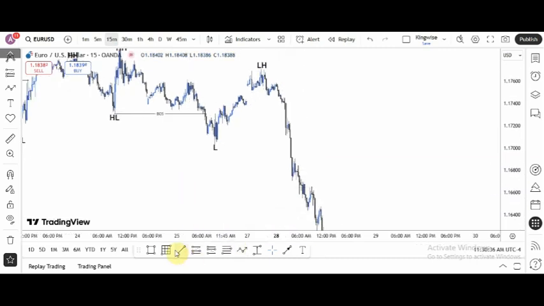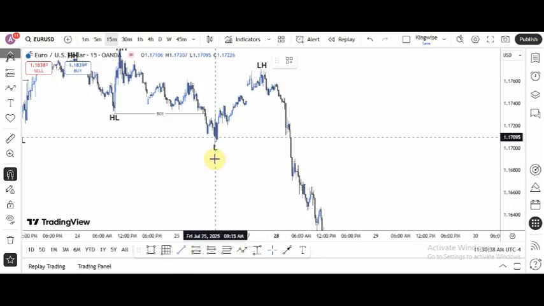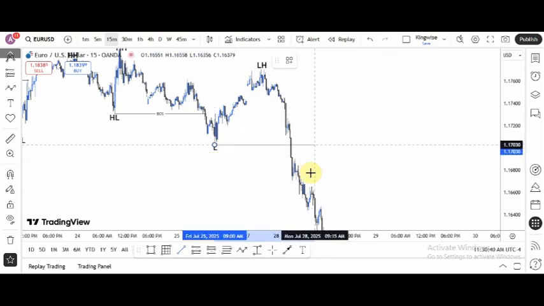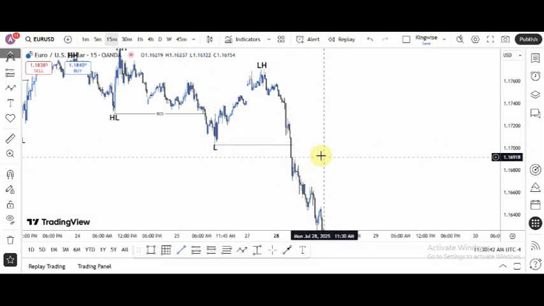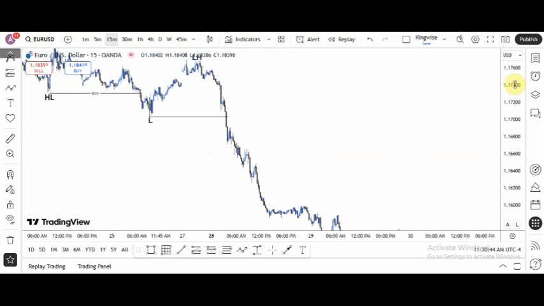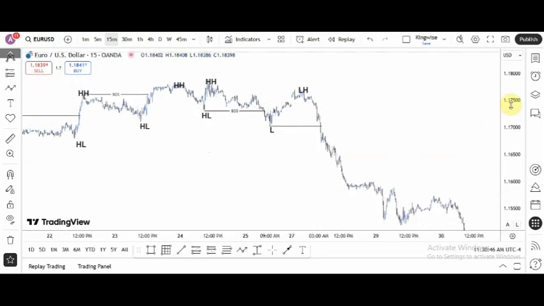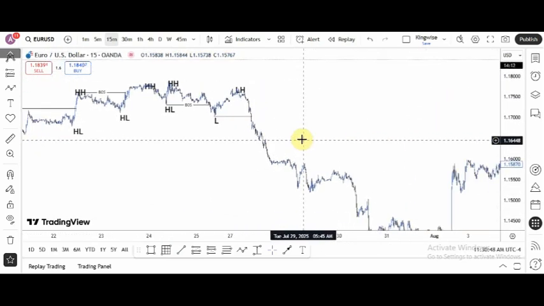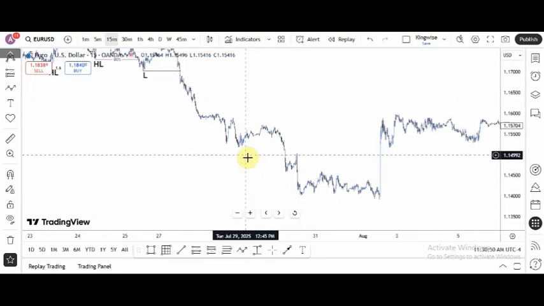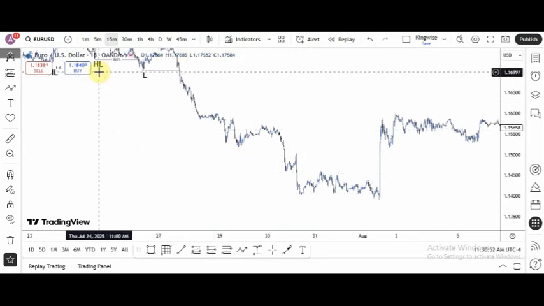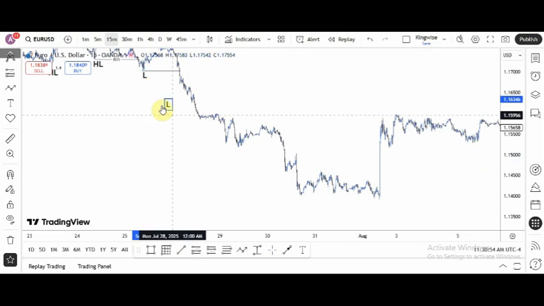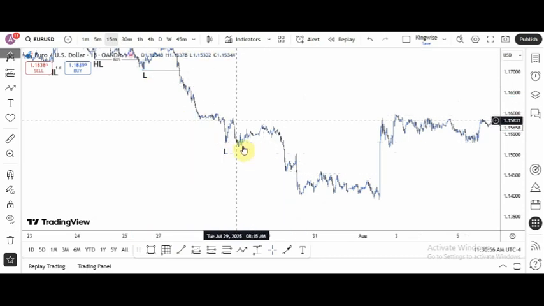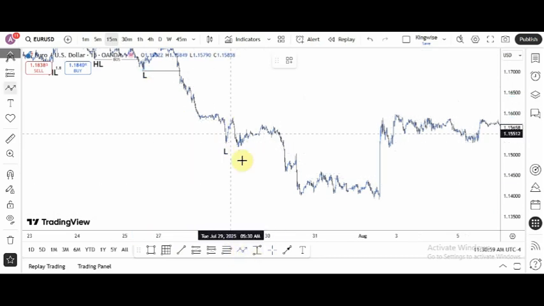Now when price breaks the structure again to the downside, you look for the lowest point it got to. So this is what price is just doing. So this becomes your new lower low. So price continues to do the same thing over and over again.